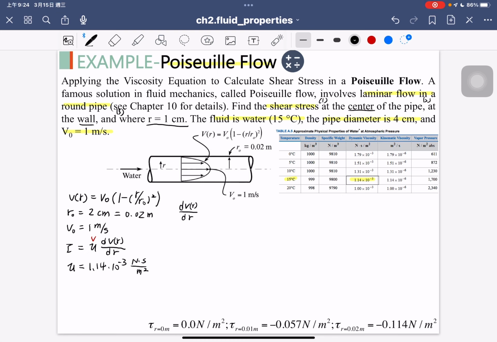Okay, so the dv/dr, based on the equations, you can calculate the number is -2, and keep the inside parameter r divided by r0, and we should take the partial differential with respect to r. So we have the additional constant value r0, right? So we can try to calculate the differential values based on your knowledge. So we can rewrite this equation as 2 times r divided by r0 square.